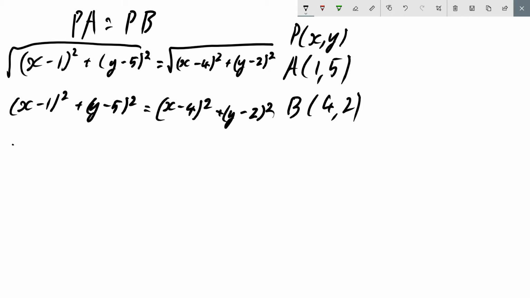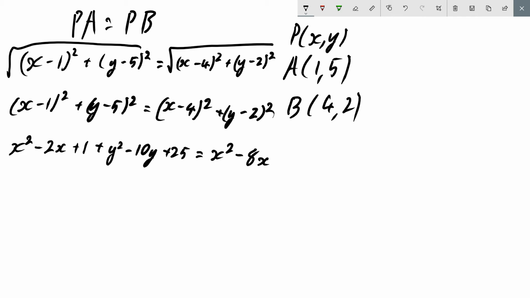Let's expand the brackets. We have x squared minus 2x plus 1 plus y squared minus 10y plus 25 equals x squared minus 8x plus 16 plus y squared minus 4y plus 4.